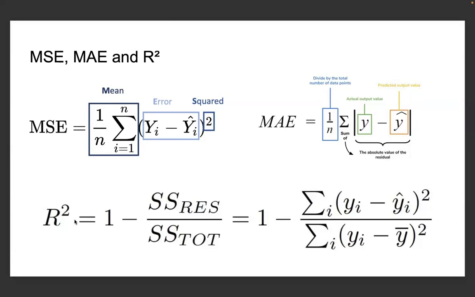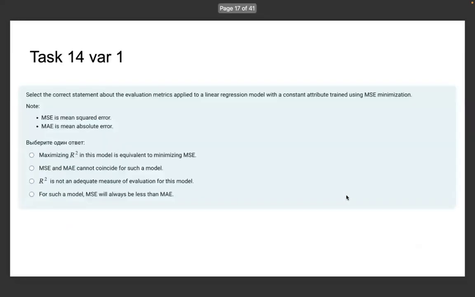And R square is this formula. As you can see here, we have MSE, so it will help us in this task. You have to remember these formulas to solve this task. So let's read the variant.